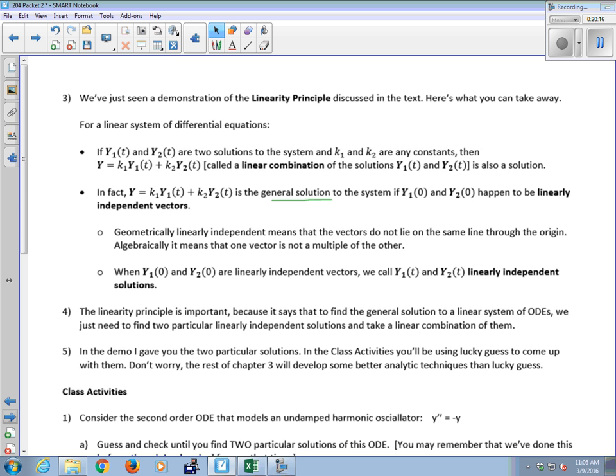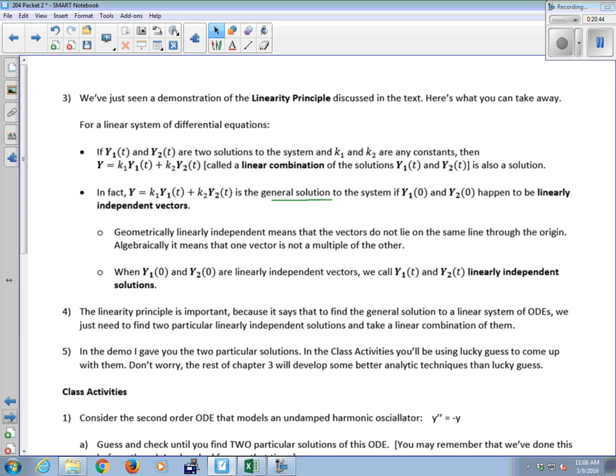All right, so the linearity principle is important because it says in order to find the general solution of a system of ODEs, all you need to do is find two particular linearly independent solutions and take a linear combination of them. We have methods of finding particular solutions. We can use lucky guess to find at least one of them. So if you can find two particular solutions, you can get the general.